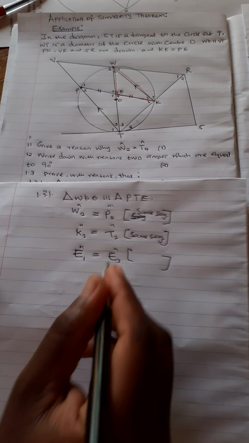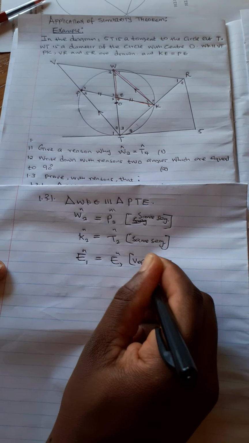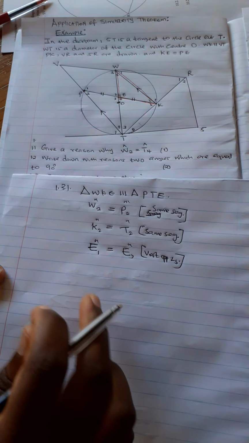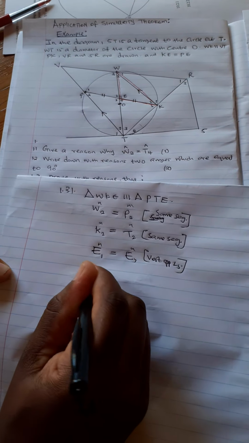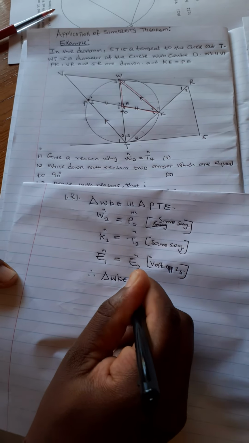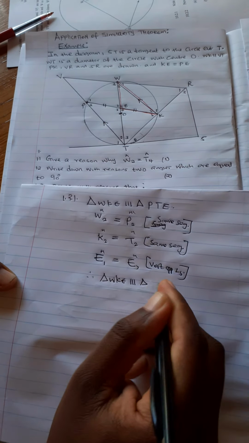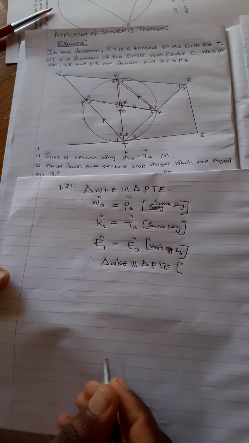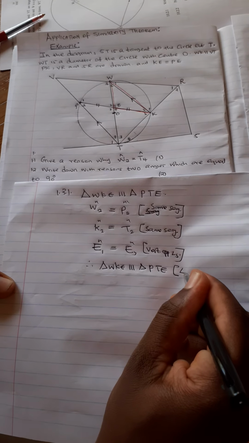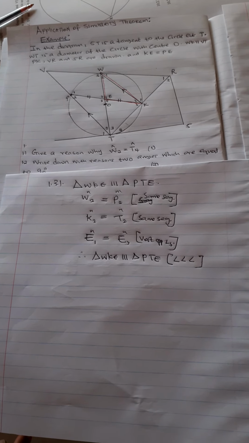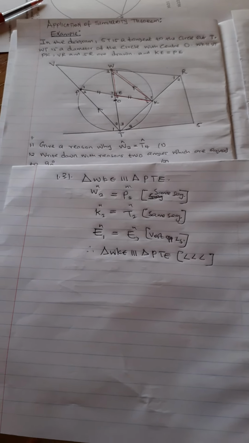But in this case, we know that these are vertically opposite angles. So after doing this, you come to the conclusion. Triangle WKE is similar to triangle PTE. Why are they similar? What did you prove? You proved that these are equiangular triangles. I hope we are still together there.